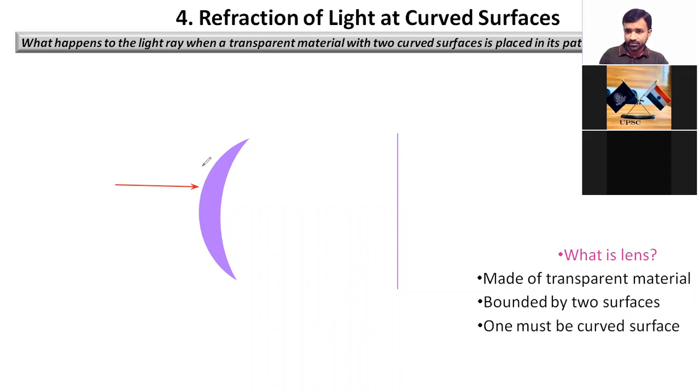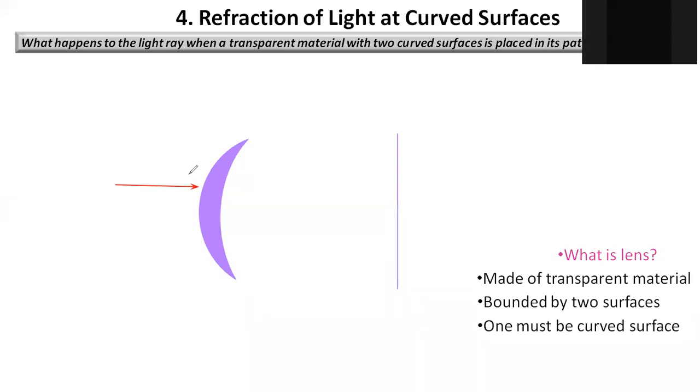Richard. Convex surface. Then what about the surface from the right end? Concave surface. It is a concave surface, right? So this is a plane surface.